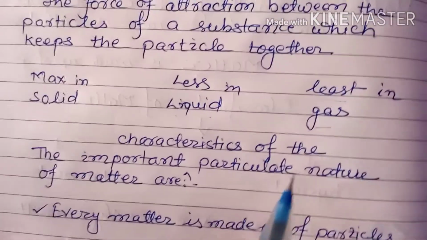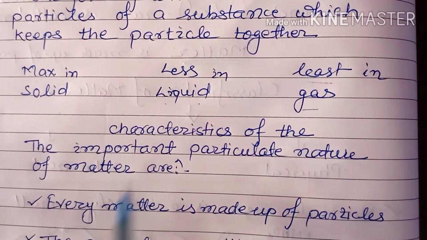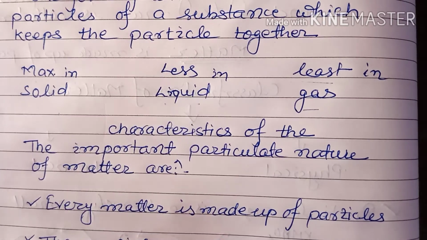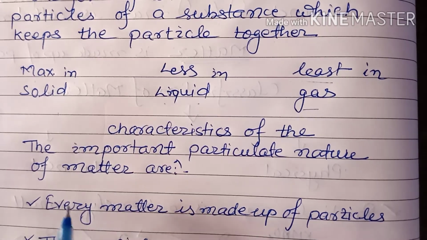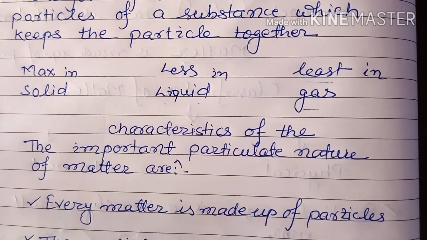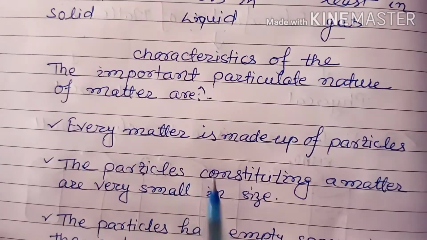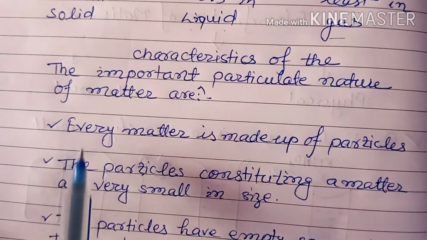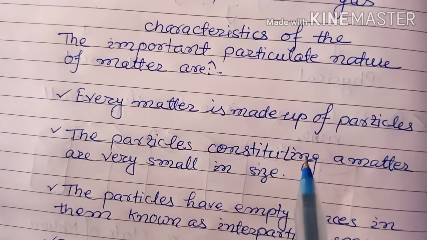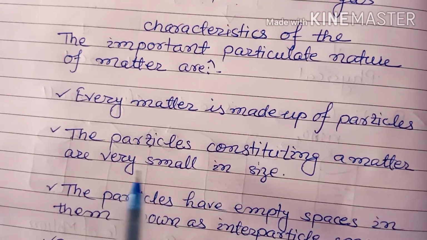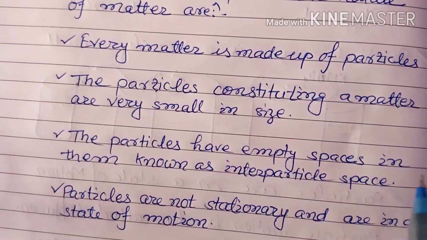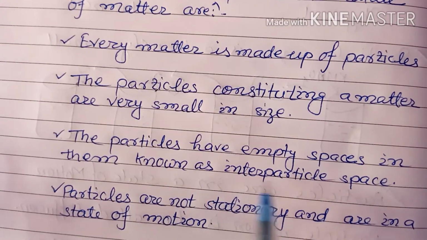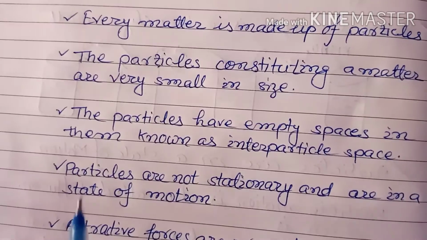So we can summarize all the important characteristics of the particulate nature of matter in the following way. Number one, every matter is made up of particles. Second, the particles constituting matter are very small in size. Next, the particles have empty space between them, known as interparticle space.